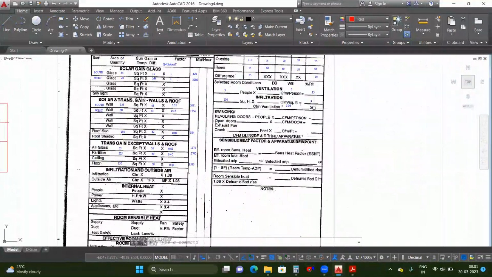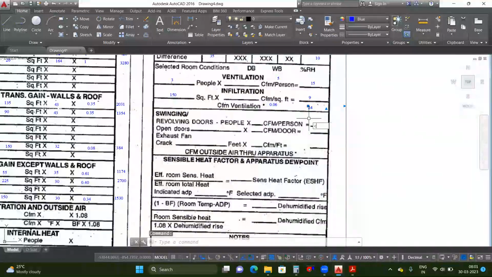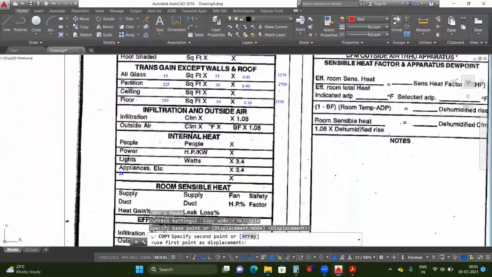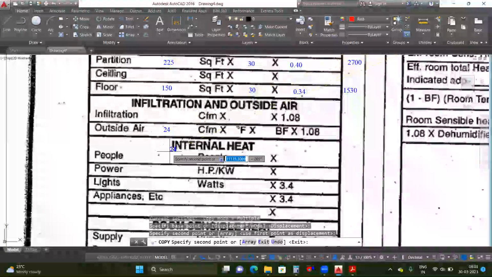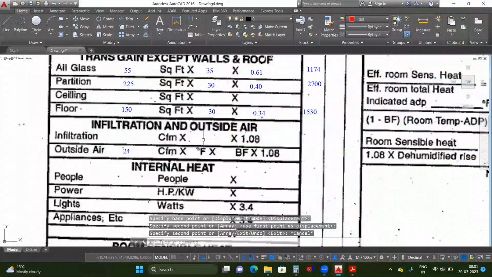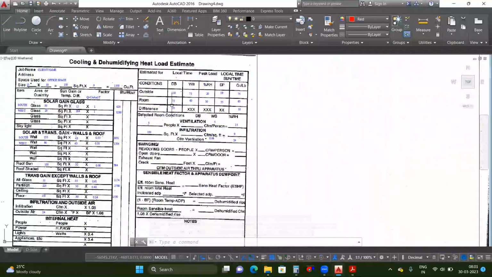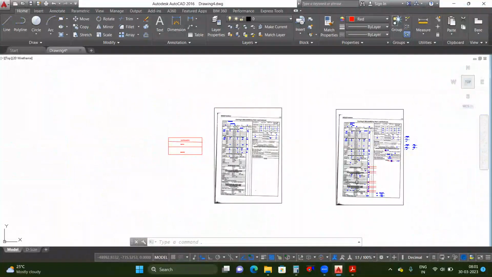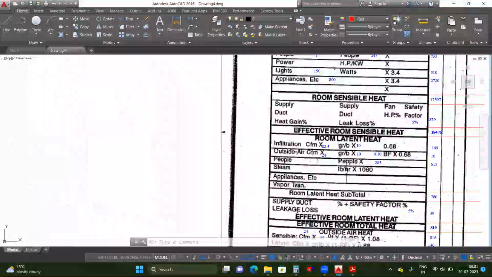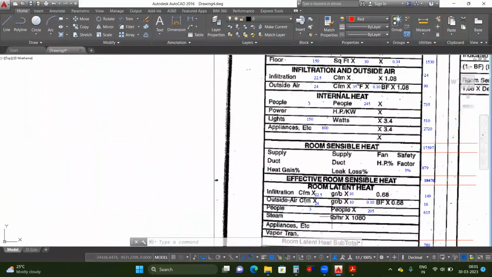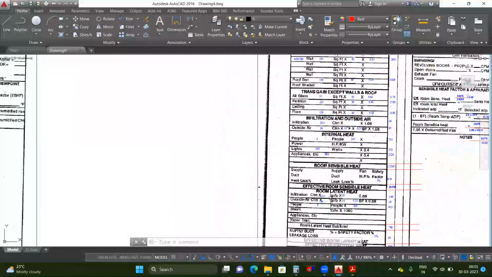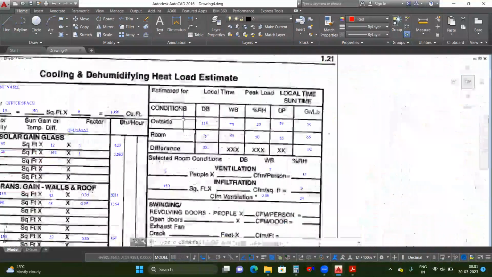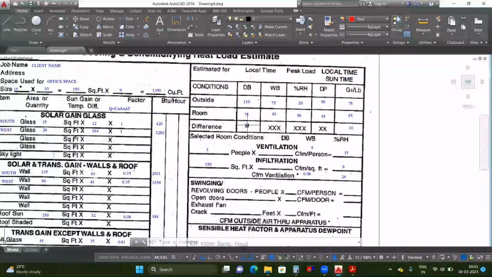So what we have to do is take the CFM 24 and keep it here. 24 CFM into degree Fahrenheit, this is nothing but our outside minus inside dry bulb temperature difference.